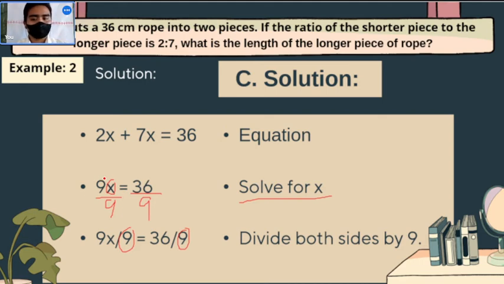Then we can cancel both 9s on the left side, as 9 divided by 9 is 1. So it becomes 1x is equal to 36 over 9. If you don't have any coefficient, it is just your variable, x.